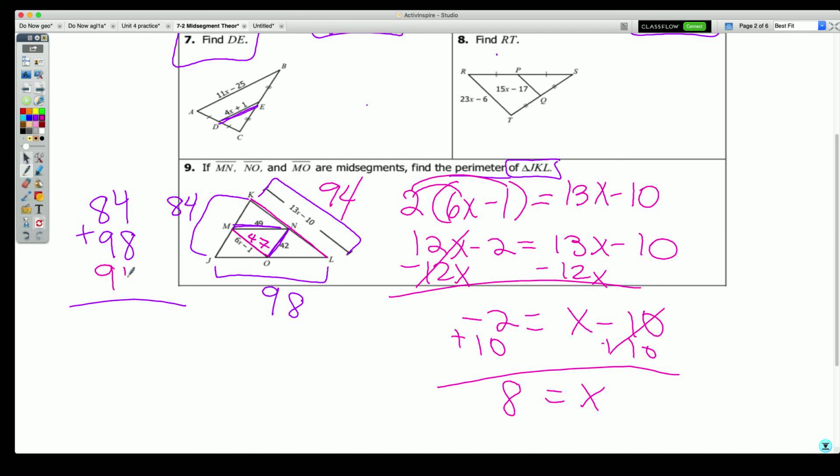So let's go ahead, take a second, and add up your three sides so that we can find our perimeter. So adding 84, 98, 94. 276.